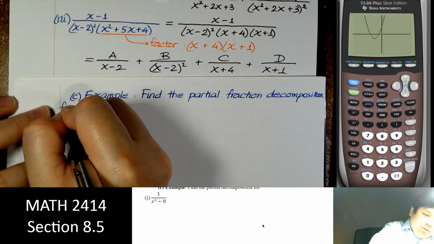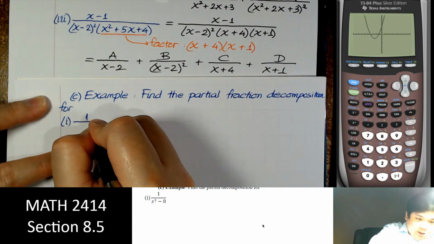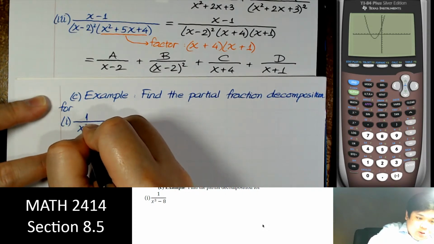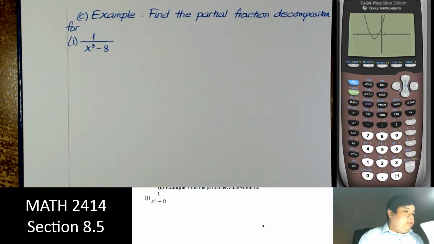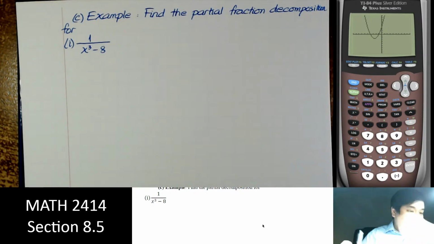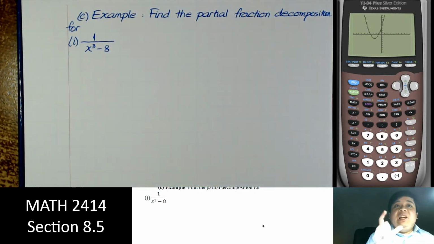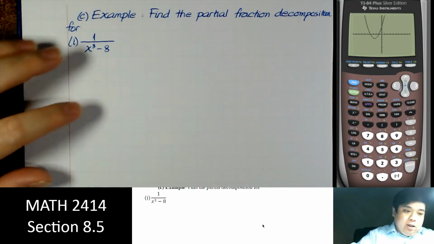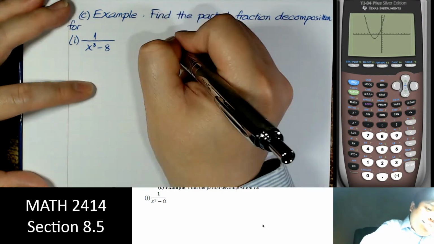For the first one, 1 over x cubed minus 8. Right, before we do that, we have to factor. x cubed will not work. Remember, it can only be linear factors and quadratic factors. When we have the cube, we need to break it down. How to break it down? Well, difference of two cubes.